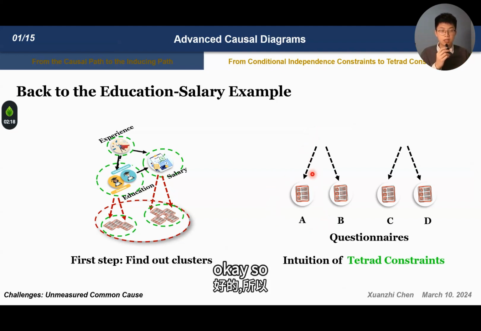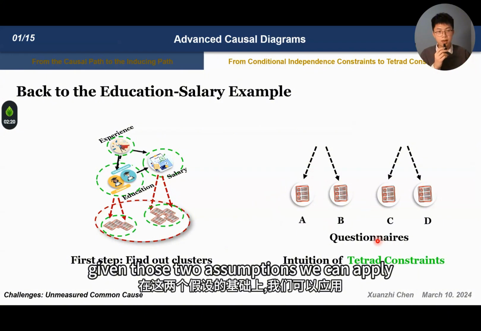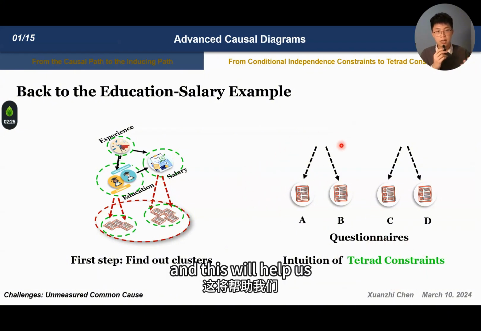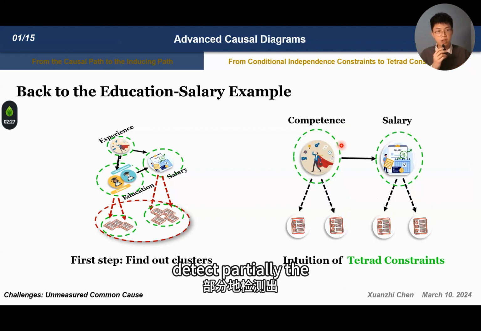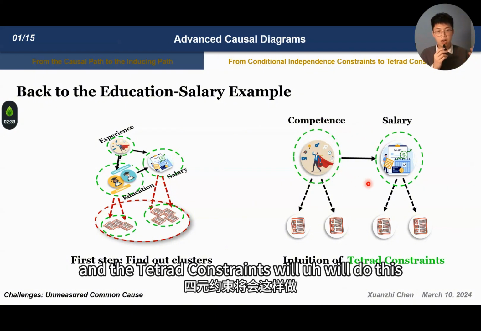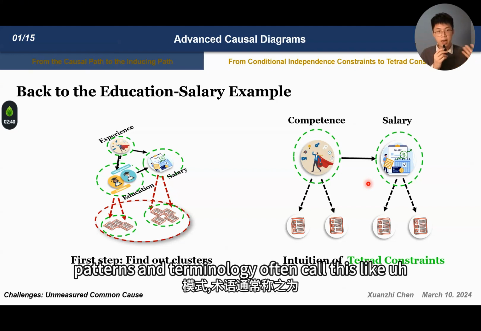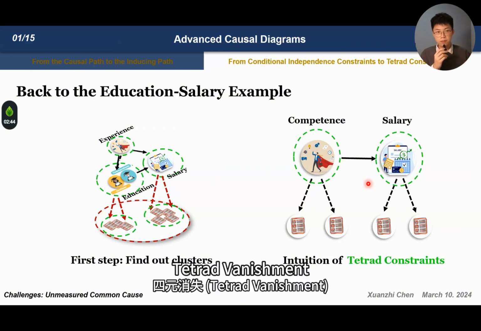Okay, so given those two assumptions, we can apply the tetrad constraint in the causal diagram, and this will help us partially detect the structure of the superior factors. The tetrad constraint will do this by giving us some special independence patterns, and the terminology often calls this tetrad vanishing.